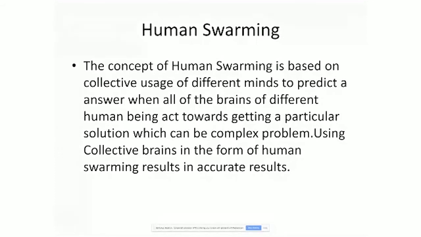Human swarming is based on the collective usage of different minds to predict an answer. When the brains of different human beings act together, they get a particular solution, which can be for a complex problem. Using collective brains in the form of human swarming results in accurate results, as we have discussed.